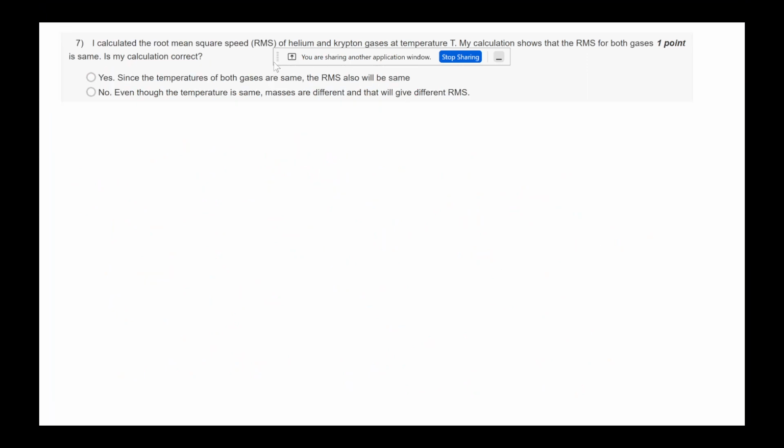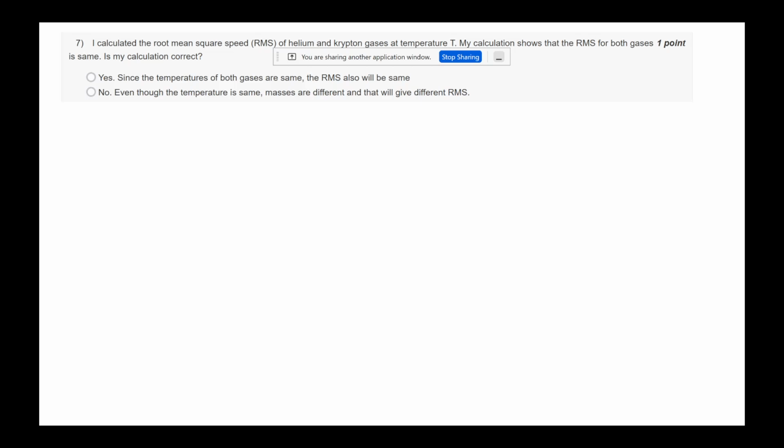So here, if I read correctly, I calculated the root mean square speed of the helium and krypton gases at temperature T. My calculation shows that RMS for both gases is the same. Is my calculation correct? Yes, since the temperature of both gases is the same, the RMS will also be the same. No, even though the temperature is the same, the masses are different, that will give different RMS. Now I have calculated the thing.